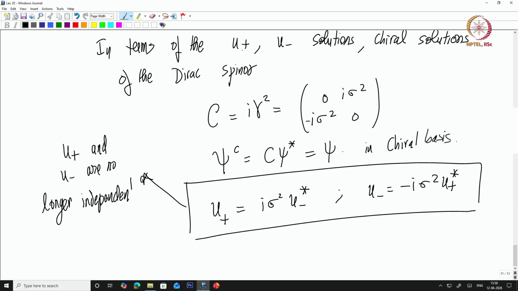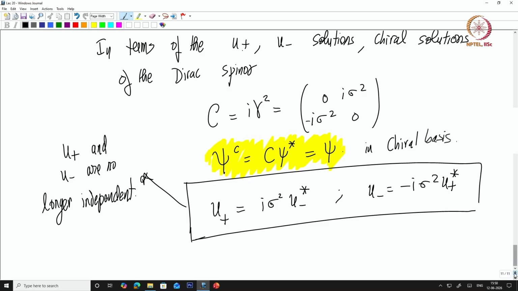This is the same for Weyl spinors also. Chiral spinors or Dirac spinors are no longer independent if the Majorana condition is imposed. This is the Majorana condition. You start with Dirac spinors, but if you start directly with a Majorana basis, in that case it is a 2-component real spinor essentially.